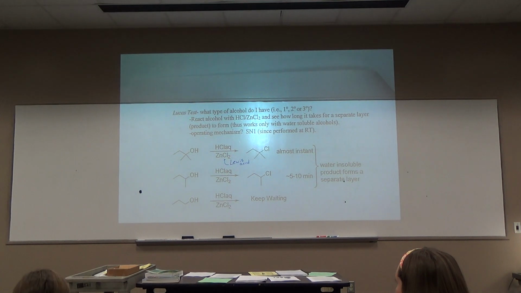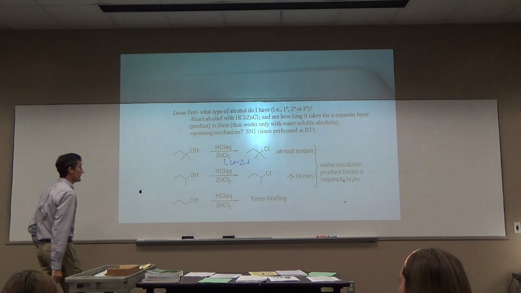For us, we can pretty much ignore it. What is a Lewis acid? Definition of a Lewis acid, should have learned in Gen Chem. Yeah, it accepts an electron pair. Okay.